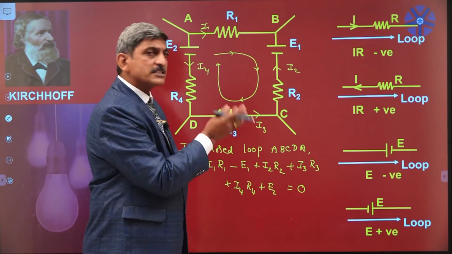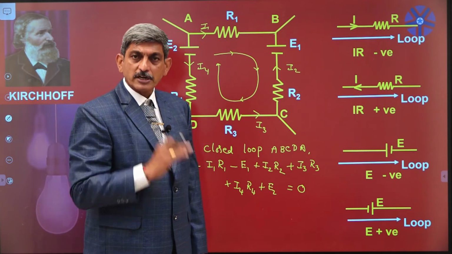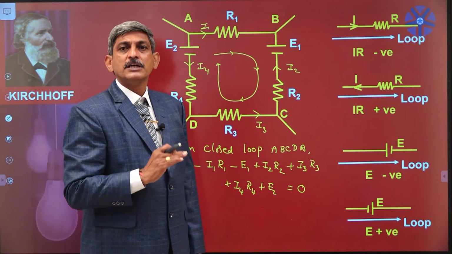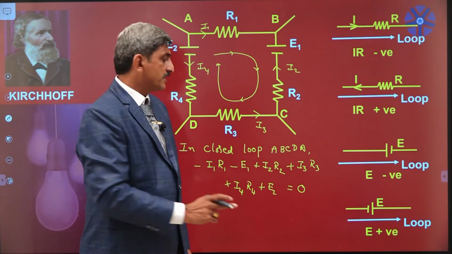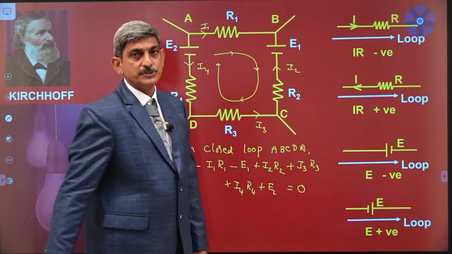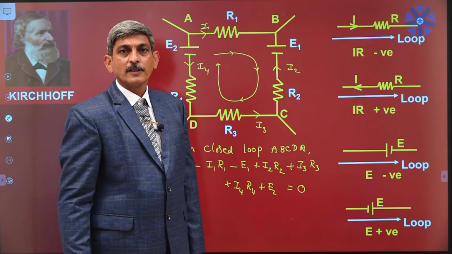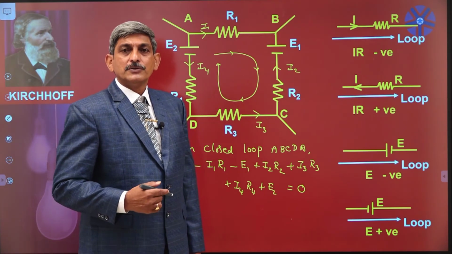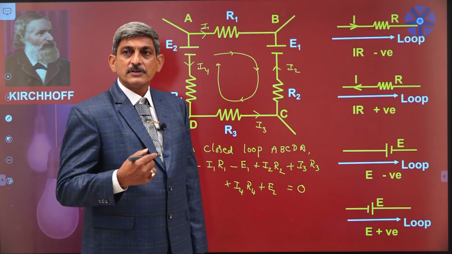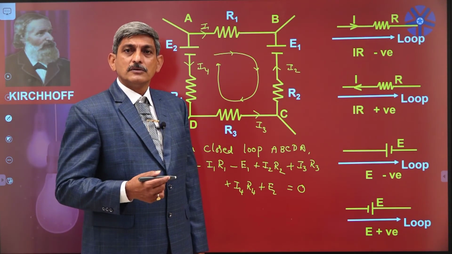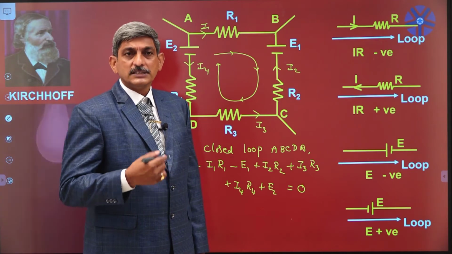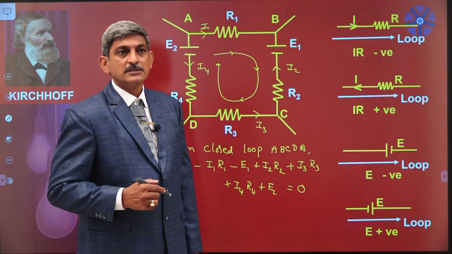The algebraic sum of the potential drops and EMFs along any closed path in an electrical network is always equal to 0. So I think you have clarity about Kirchhoff's first law and second law to apply for electrical networks.